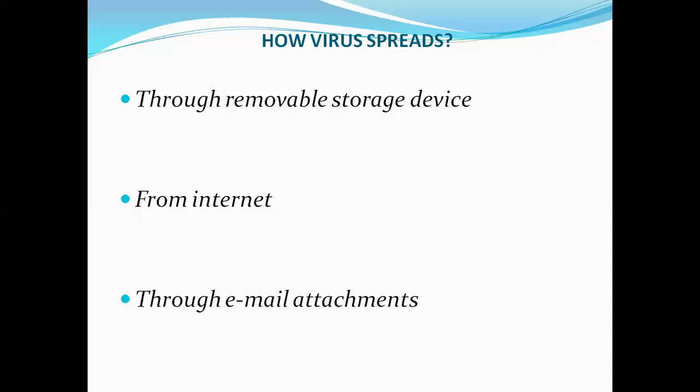Okay, if you are comfortable that whatever mail you are getting is from a genuine person, then only try to open it and click on links, otherwise don't open it. Email attachment is one of the severe things from which the virus can spread. So these are the three things: through removable storage devices, from the internet, and through email attachments. These three are the reasons because of which a virus may spread.